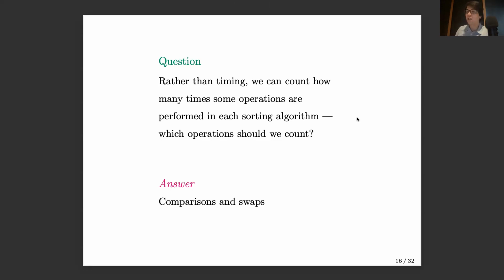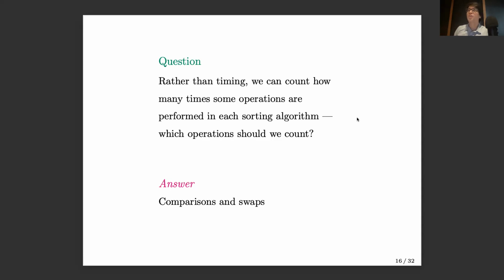So if we look at all of our sorting algorithms and count these two things, the number of swaps and the number of comparisons, your timings are always going to be proportional to that count. And actually, I just care about their proportionality. I don't care that it takes 10 seconds to sort a list of 100.